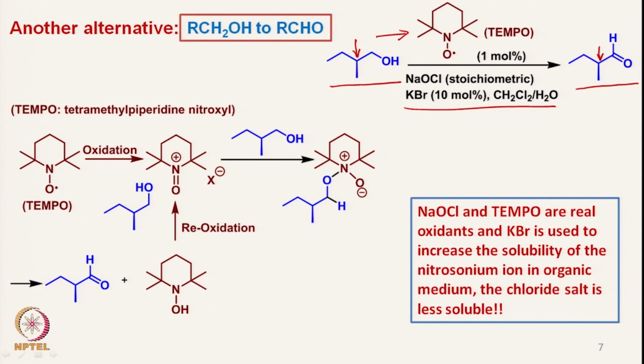The way the reaction occurs is that TEMPO gets oxidized with sodium hypochlorite to the corresponding nitrosonium ion, where X to start with is a chloride coming from sodium hypochlorite, but then potassium bromide is used so that the corresponding salt, the bromide salt, is soluble in organic solvent.